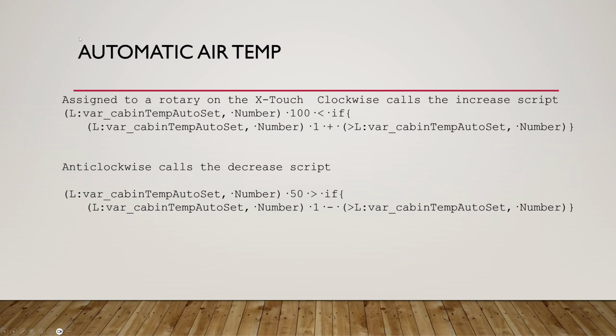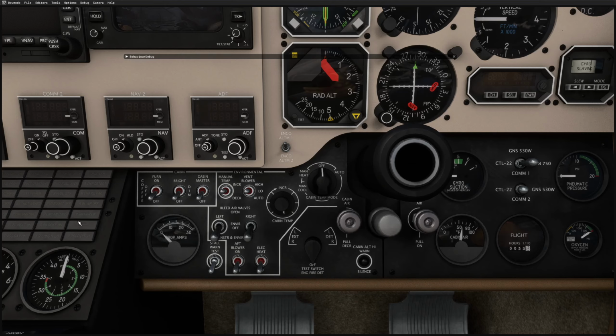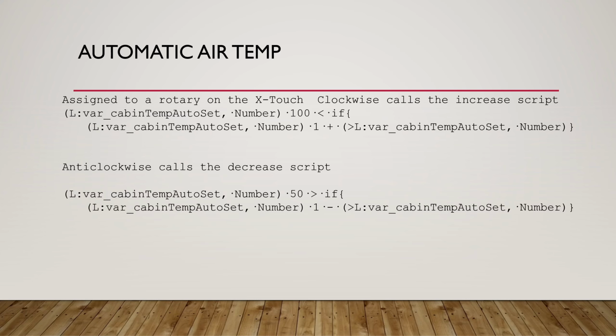This is the rotary knob to control the air temperature, and that is on a rotary on my X Touch. If I just go back into the simulator itself, if I turn the temperature on my MIDI controller, you can see it's moving the rotary around. I have assigned it on the X Touch.